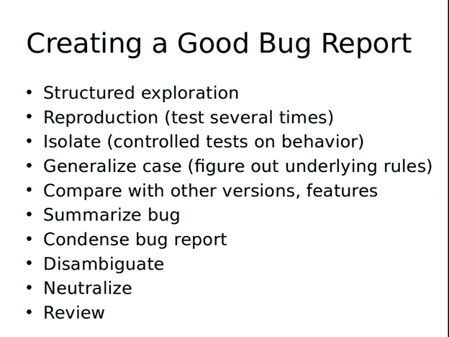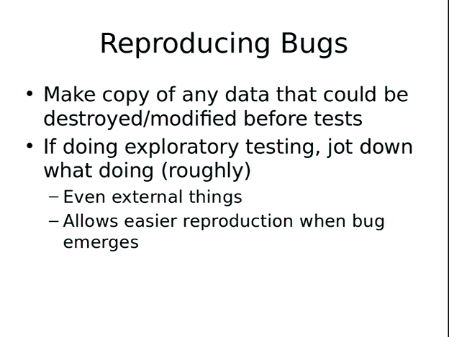And then review it. Okay, so let's talk about reproducing bugs. An art form. A very important principle here is reproducibility. One component of that is to make a copy of data that can be destroyed or modified before the test. Why is that important for reproducibility?